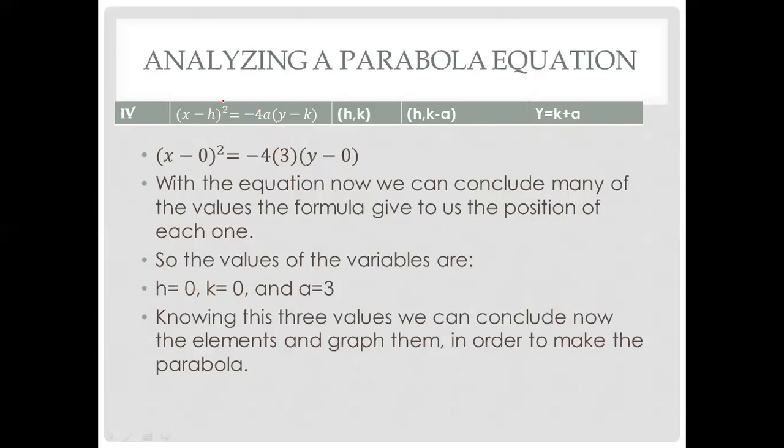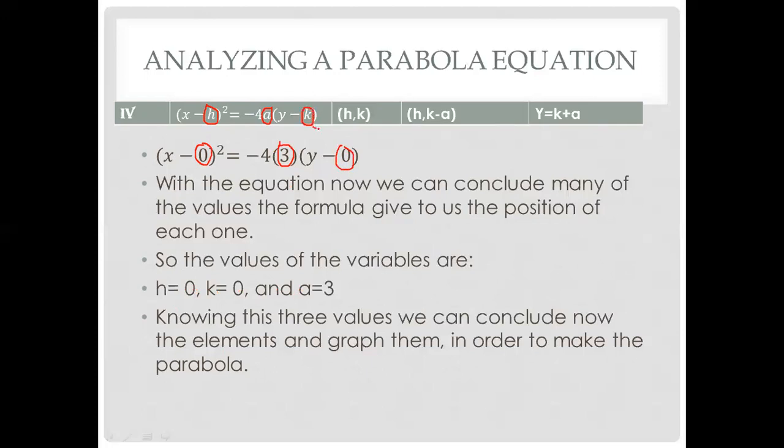If you're not clear at all right now, don't get confused with the negative signs again. These negative signs, or these minus, are part of the formula. H is the same as 0 in here. A is the same as 3 in here. And K is the same as 0 in this part.